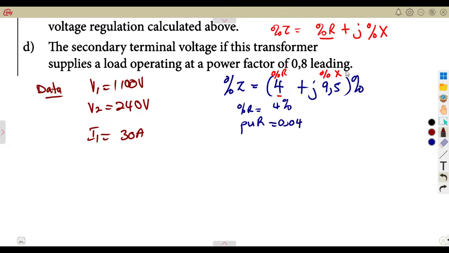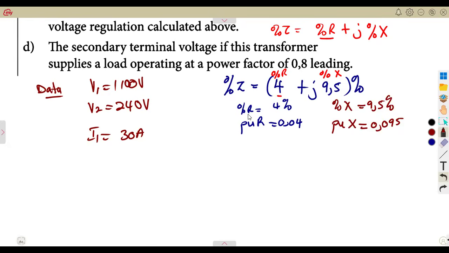If truly this is percentage reactance that we are given there, which is 9.5%, what about the per unit reactance of it? You divide by 100. It's going to be 0.095. We are having per unit values, per unit resistance, per unit reactance.